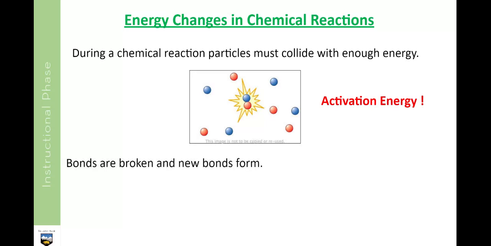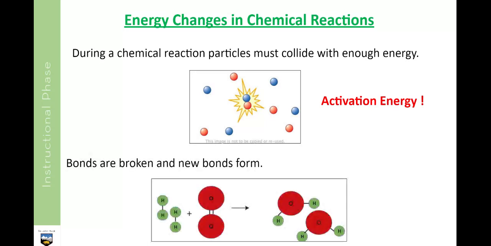Now, the reason we need this activation energy to begin with is because in chemical reactions, we know that bonds are broken and new bonds are formed. And we've looked at that example in terms of how a water molecule forms from hydrogen and oxygen gas.